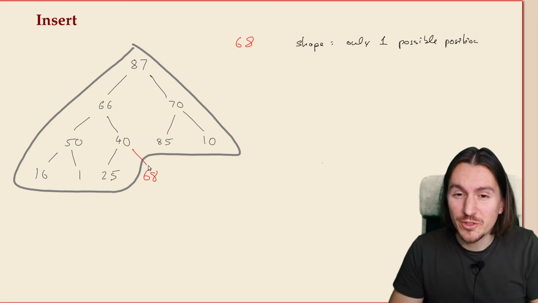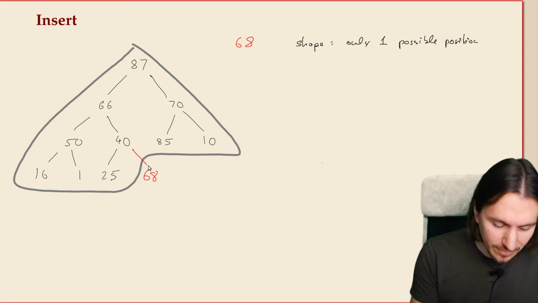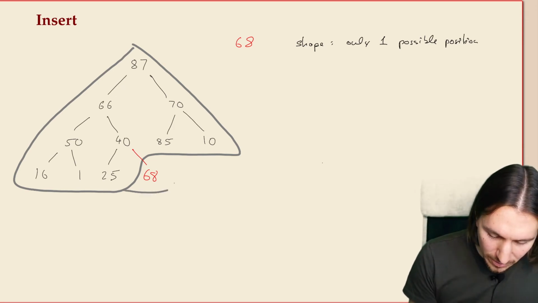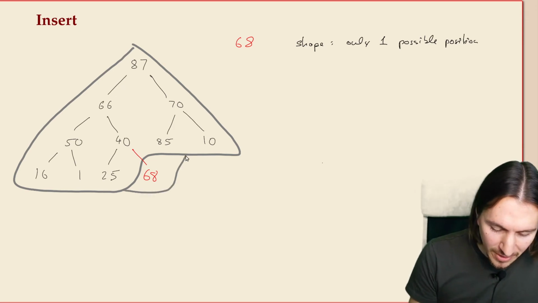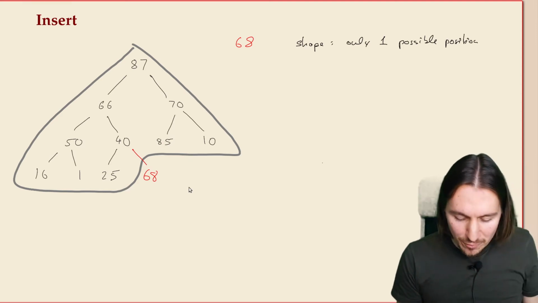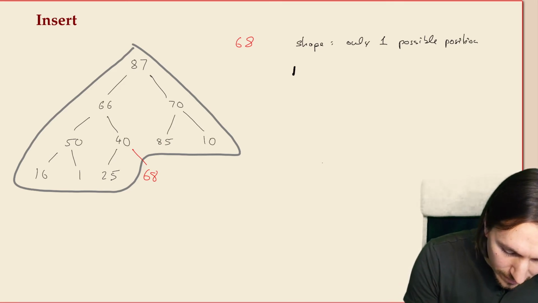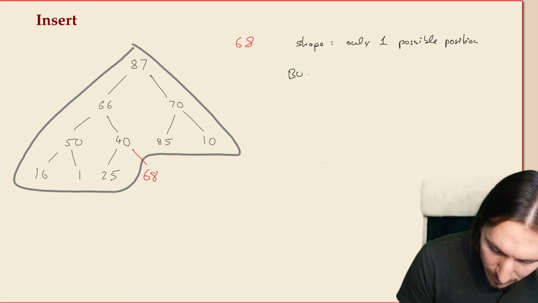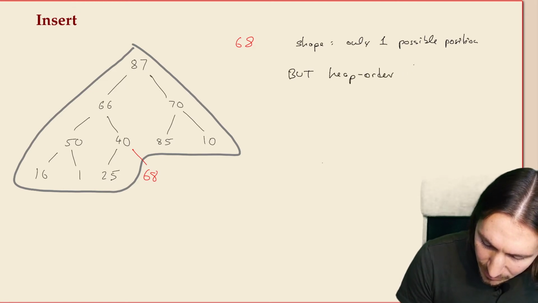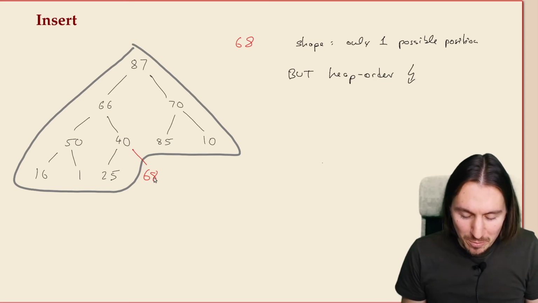Because any other position would violate the shape constraint. So we would rewire this like that. And now we have a problem with the heap property, because the heap order is violated, potentially, and in this case it is, because 68 is bigger.